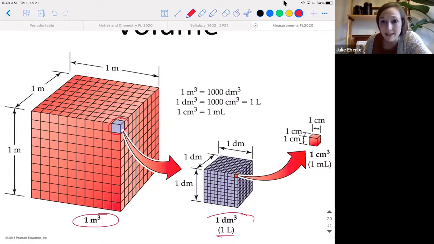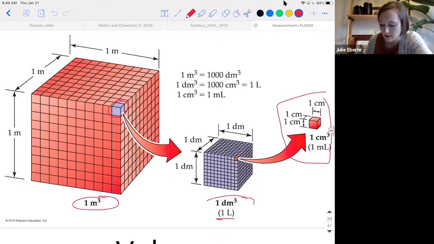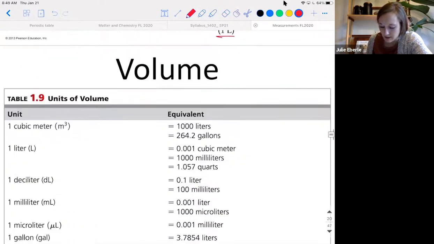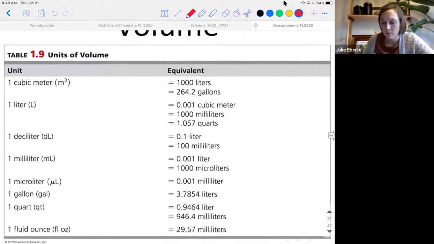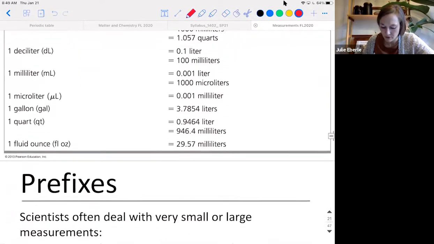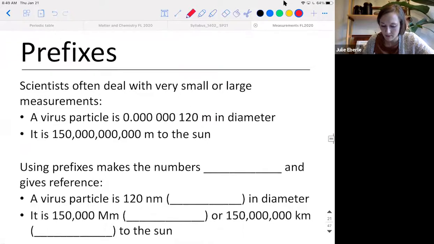If we break that into 10 cubes equal distance on each side and take one of those, that is how small a cubic centimeter is. That's how big a milliliter is, okay? Just for visual. You don't have to memorize. Don't worry about memorizing these relationships except for that one. All right, here's your table for volume. And I'm going to skip over it because we really need to get to prefixes, okay?